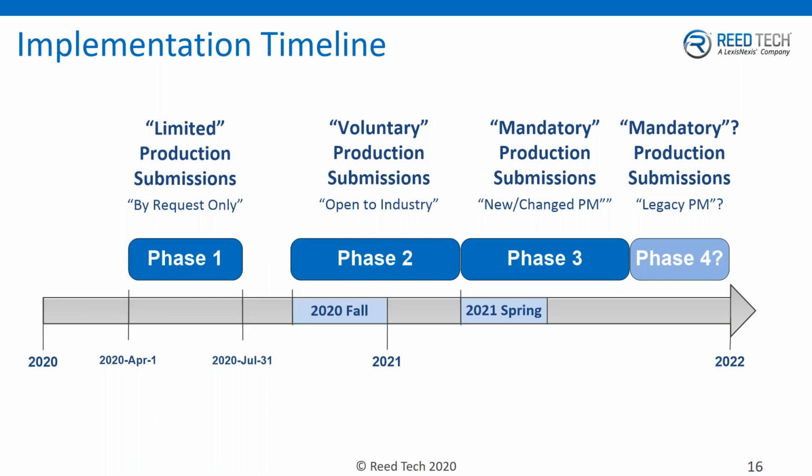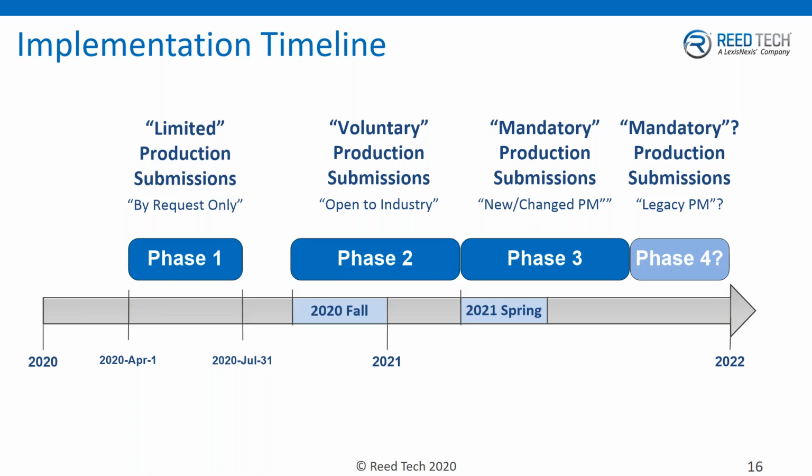This would be any new or changed product monograph, again 2016 format only, in spring of 2021. So roughly a year from now, any new products that come out or changes, you would need to have the capability to generate XML product monographs.